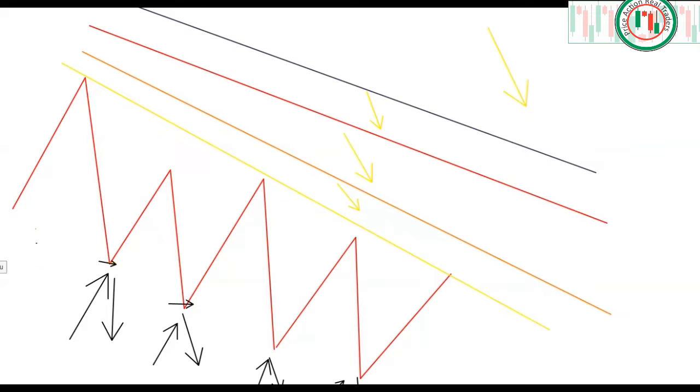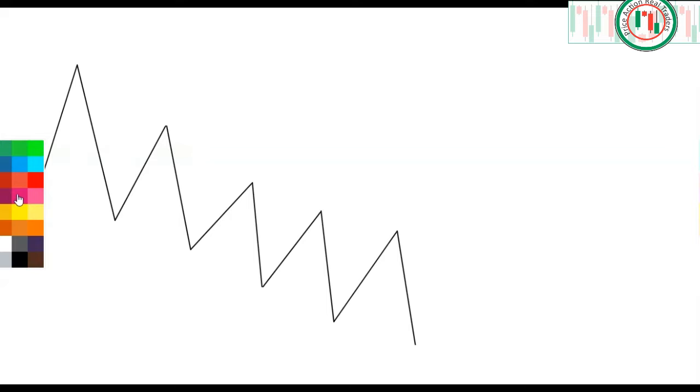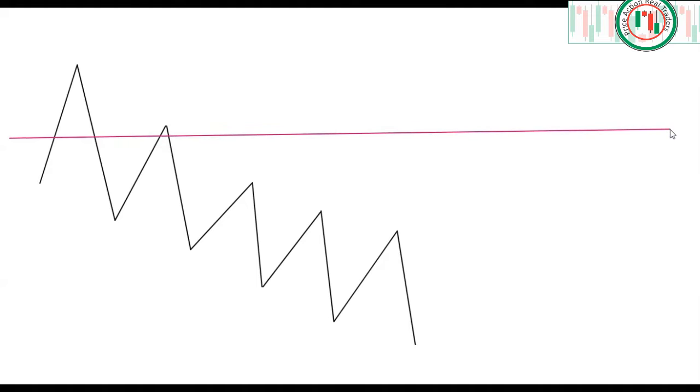So let me show you what that means. I zoom in here. I will explain the ranging market now. You see the market is going like this, lower low, lower high. Then your EMA, you see 200, something like this, flat 200.